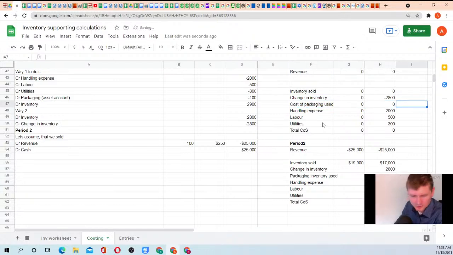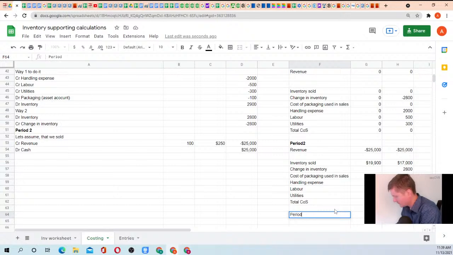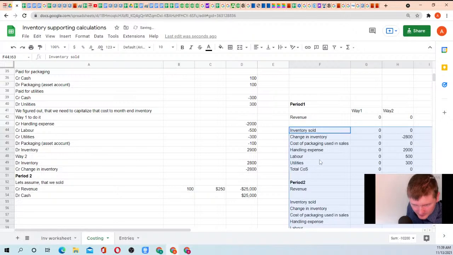So we did not use any packaging in sales here, and we used some here. And now let's do 1 plus 2. I need to do a bit of formatting here.